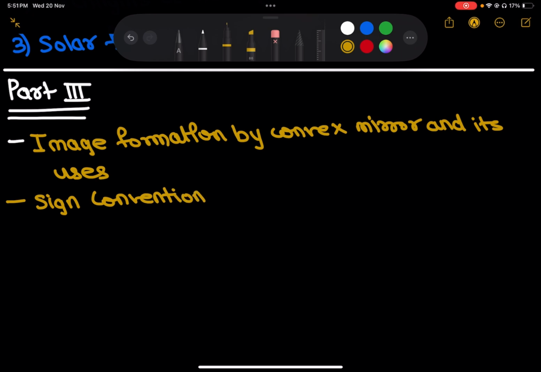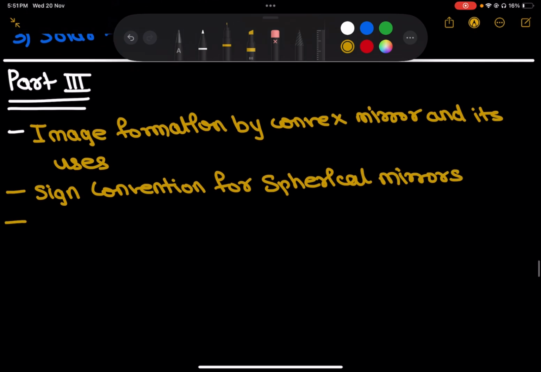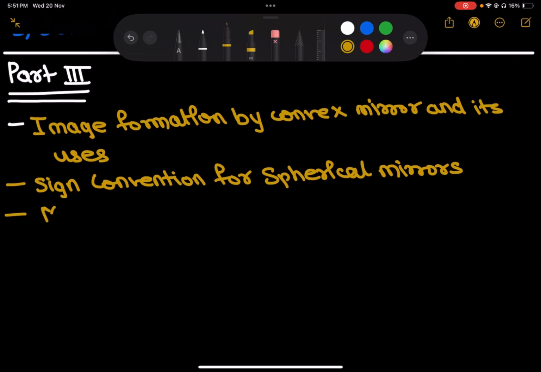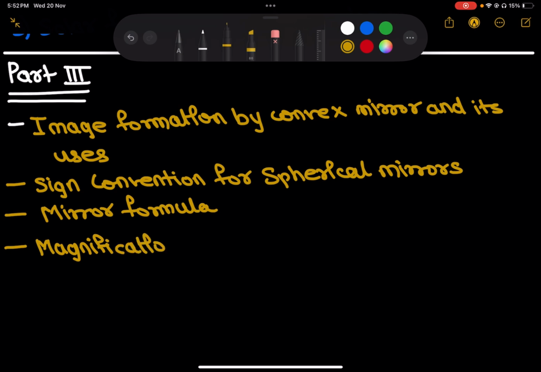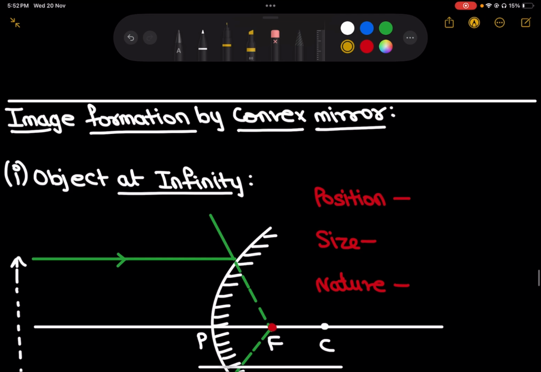We'll be entering the numerical part, sort of, you can say. And lastly, we'll see the mirror formula as well as magnification. So what is magnification and what is its formula as well? Okay, so let's start with the image formation by convex mirror.